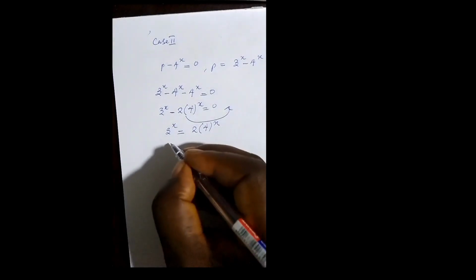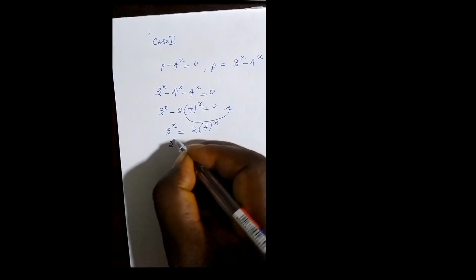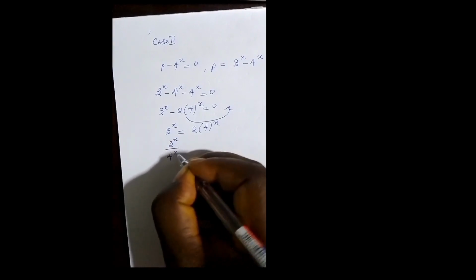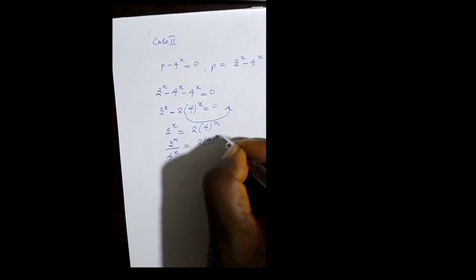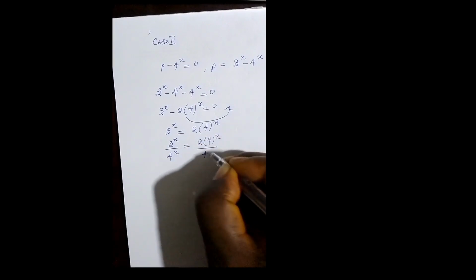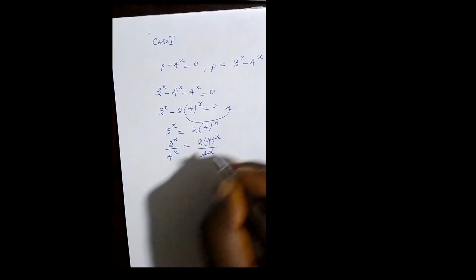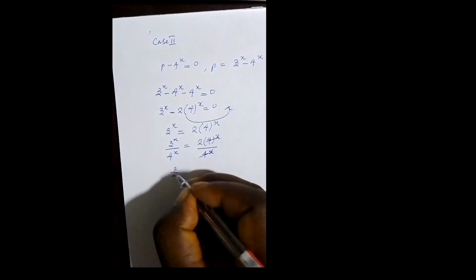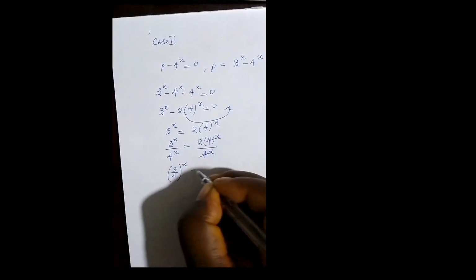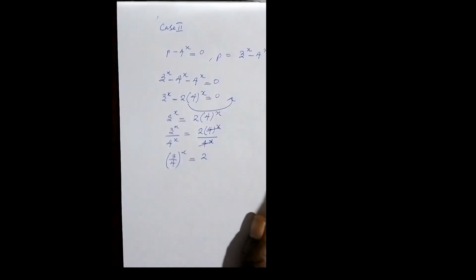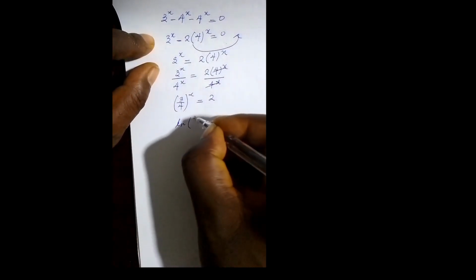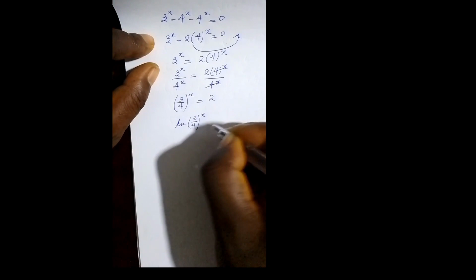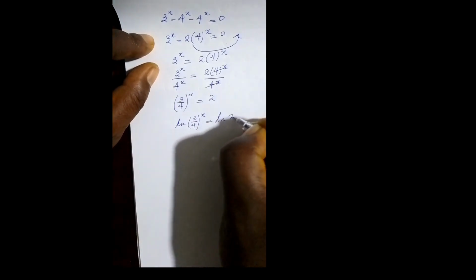Dividing both sides by 4 to the power of x, we have 3 to the power of x over 4 to the power of x equal to 2 times 4 to the power of x divided by 4 to the power of x. So this and this will go. We have 3 over 4 all to the power of x equal to 2. So we take the natural log of both sides. That will give us the natural log of 3 over 4 to the power of x equal to natural log of 2.